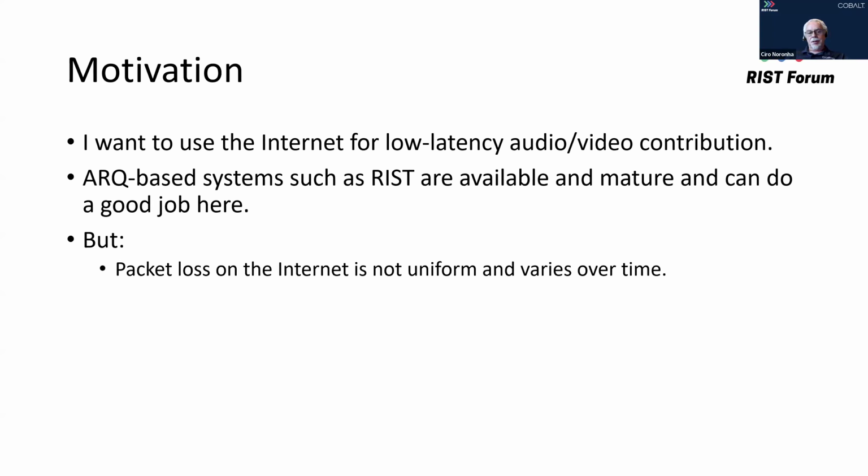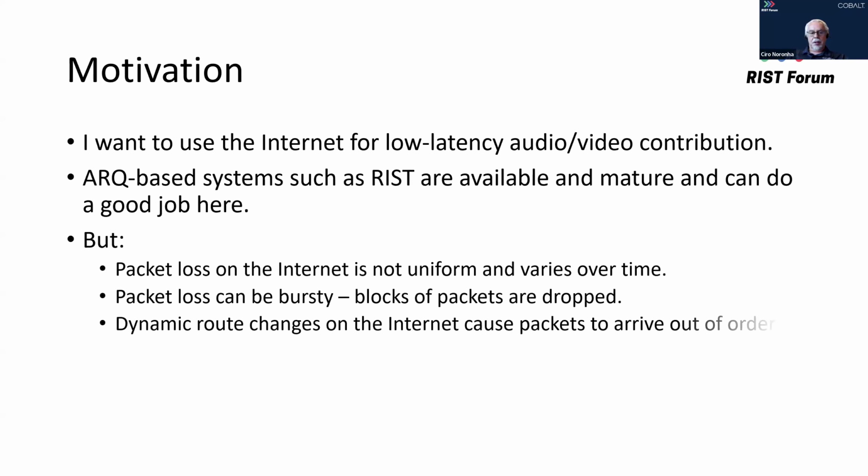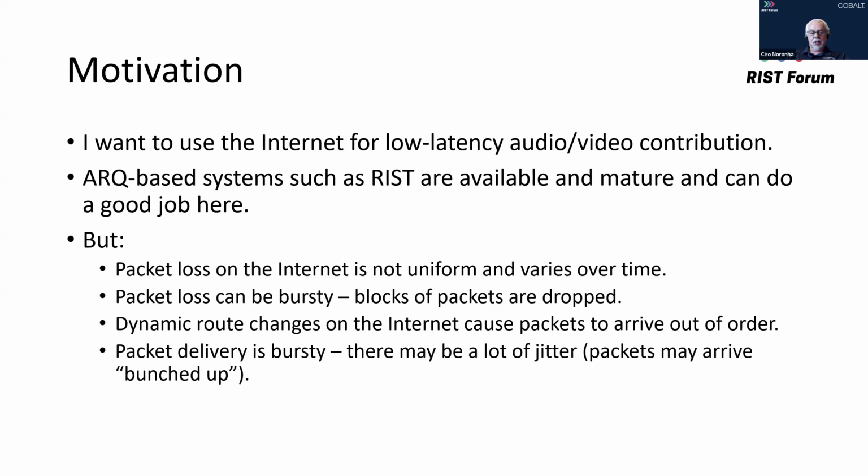Packet loss on the internet is not uniform and varies over time. So things change. Blocks of packets can be dropped. Dynamic route changes on the internet can cause packets to arrive out of order. So we've got to deal with that. Packet delivery is also bursty.